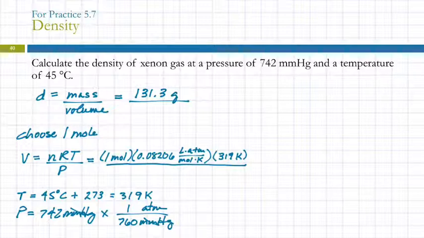No. To help avoid that, think back to that original mercury barometer. They were measuring atmospheric pressure, which is 1 atmosphere, right? And they're measuring how tall the column of mercury was. It's not 760 atmospheres, it's 1 atmosphere in 760 millimeters of mercury. So I've got 742 divided by 760.